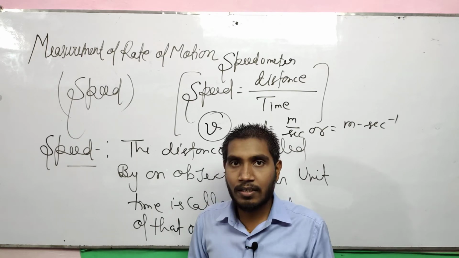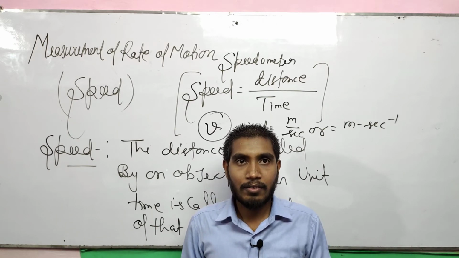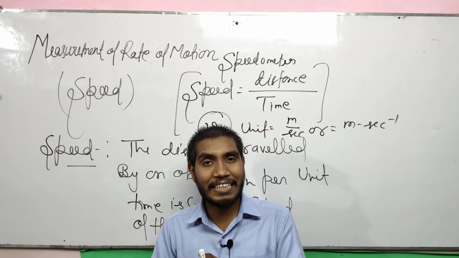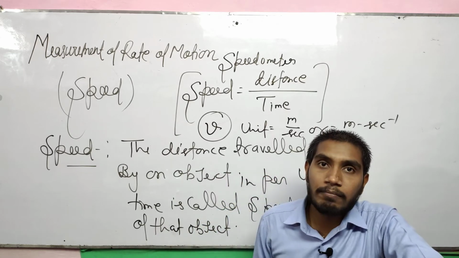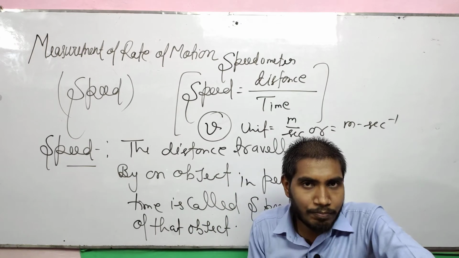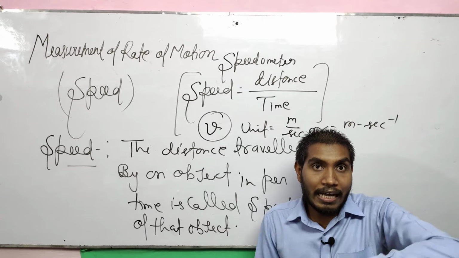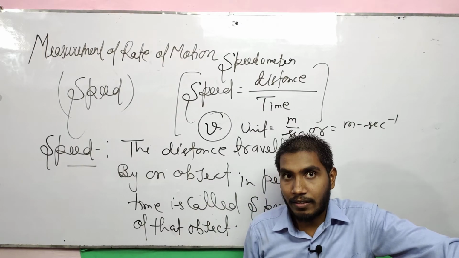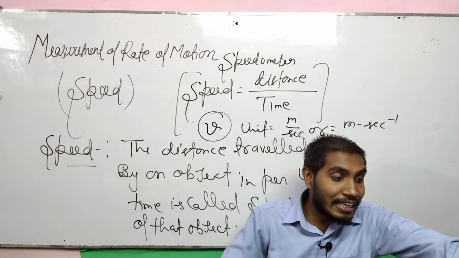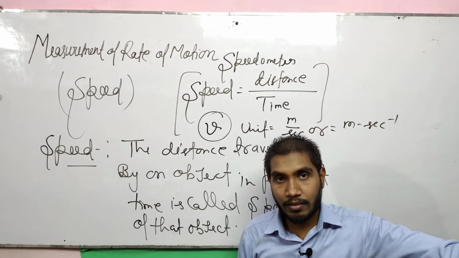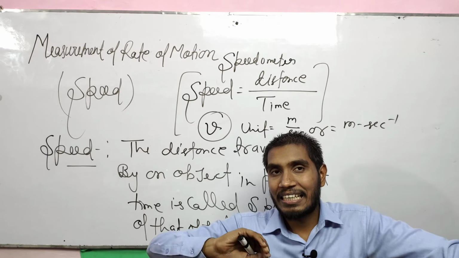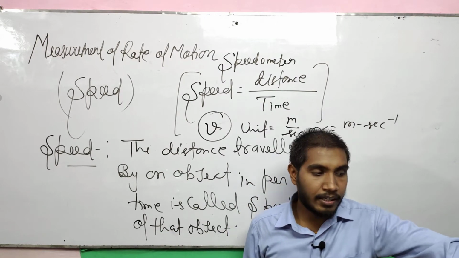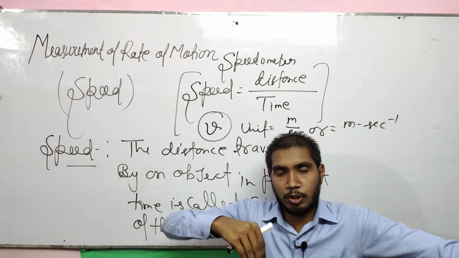But in a crush, we move very slowly. So sometimes we speed up the car and sometimes we slow it down. At this time, if we declare the speed, it is non-uniform speed. This is not uniform speed, beta.